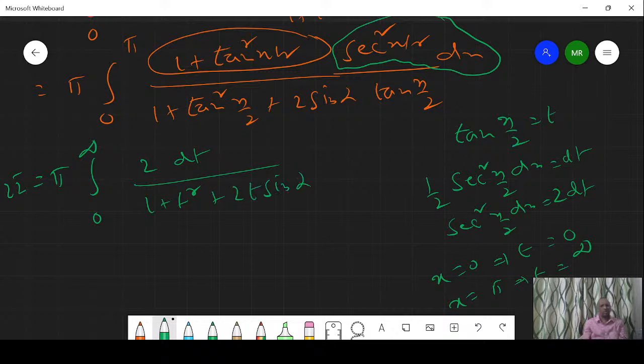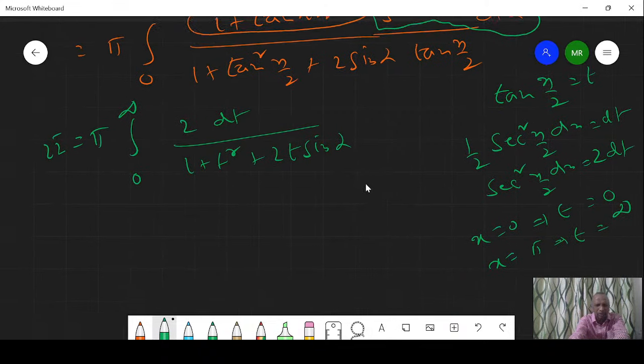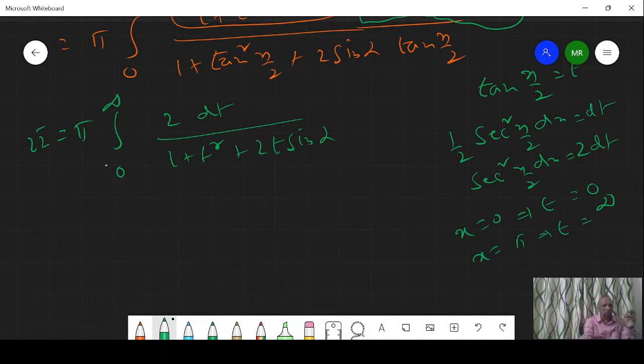Now 2I is equal to this after doing the changes, and I can eliminate this 2 and this 2. So I is equal to pi into the integral from 0 to infinity.